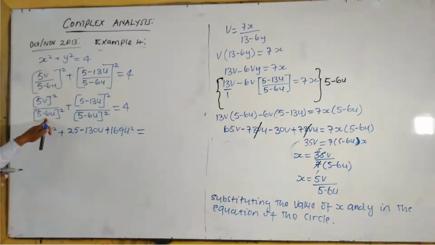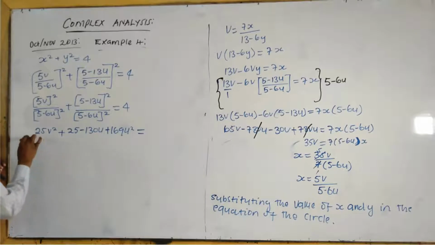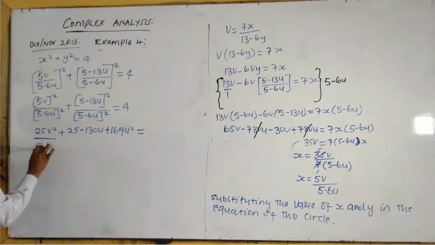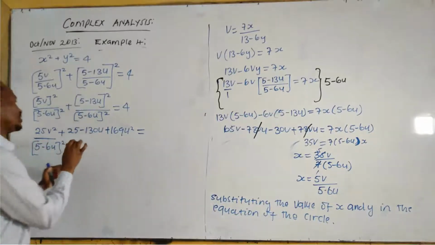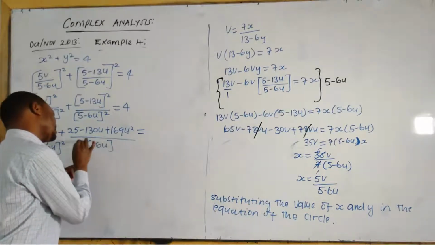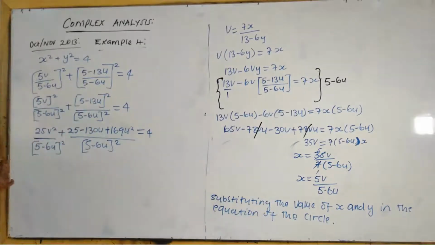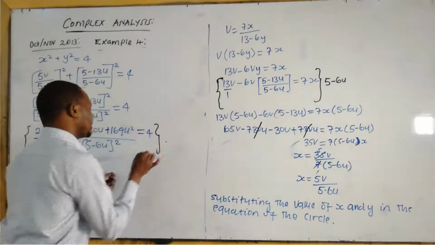In the next step I multiply both sides of the equation, or maybe let me just do it step by step instead of explaining around. It is over (5 minus 6u) squared is equal to 4. But now I have to cross multiply.